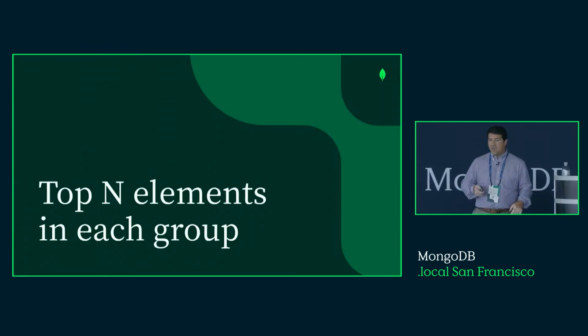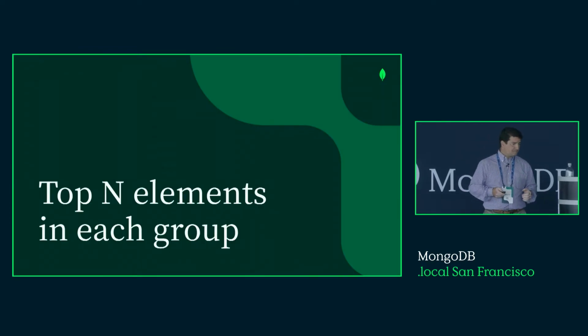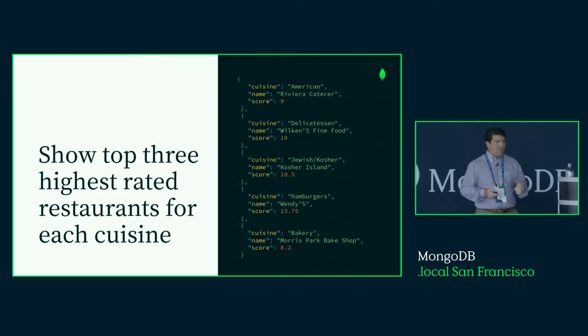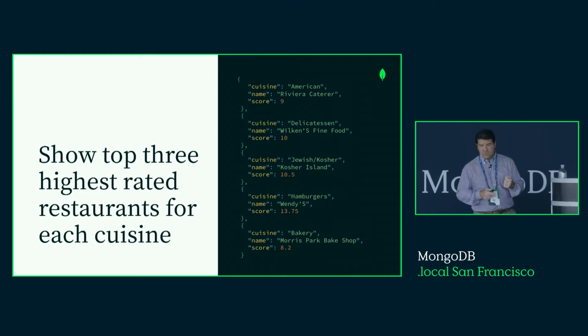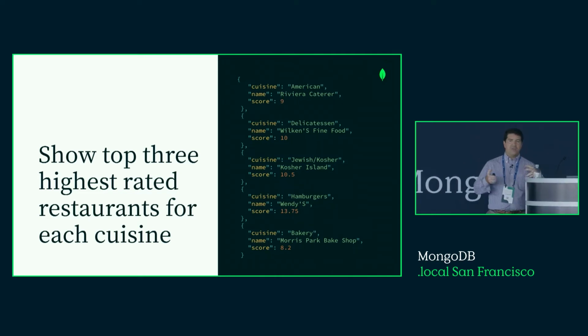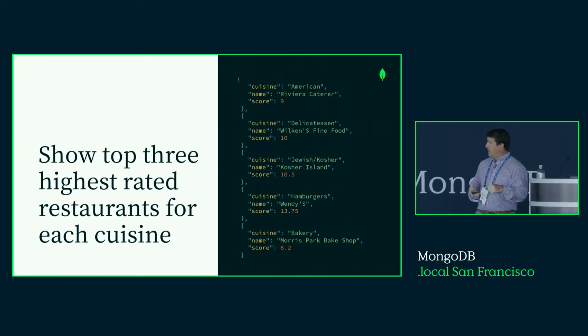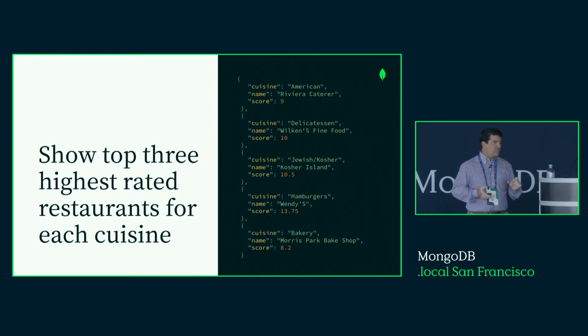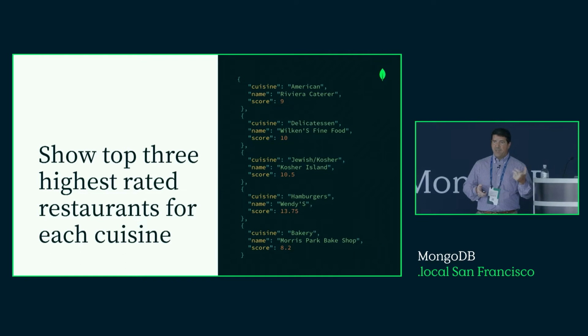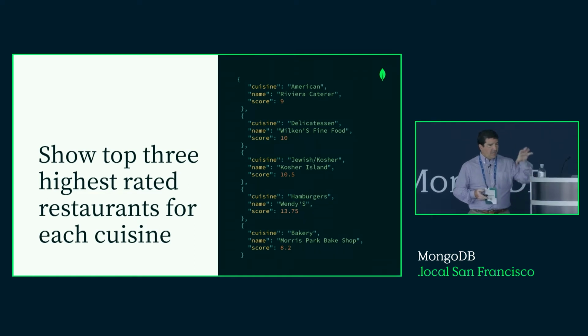Let's kick it off with the top N elements in each group, and take a quick look at our data set. What we want to do is show the top 3 highest rated restaurants based on cuisine. It's a very simple data set: we've got the cuisine listed, the category the cuisine is listed in, the name, and a score based on how well people think of it. These are separate documents, separate instances.